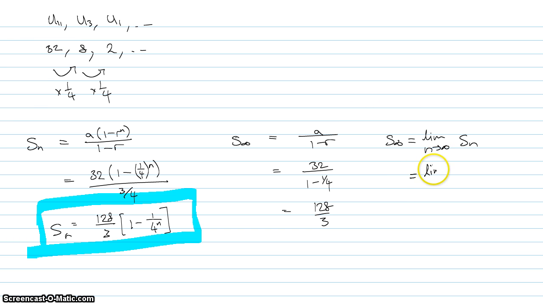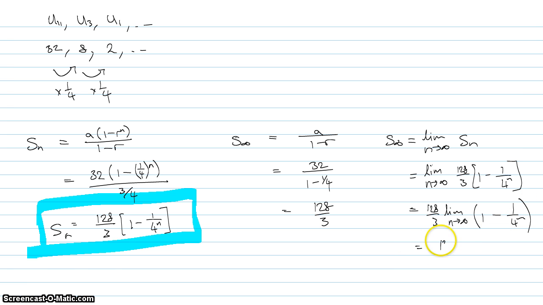So what is the limit as n goes to infinity of 128 over 3 times 1 take 1 over 4 to the power of n? Well, it's 128 over 3 times the limit as n goes to infinity of 1 minus 1 over 4 to the n.